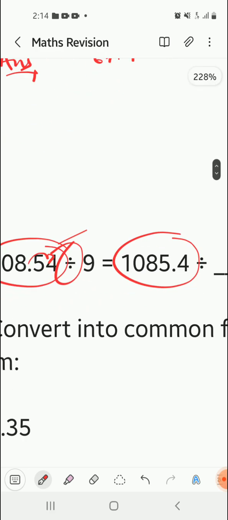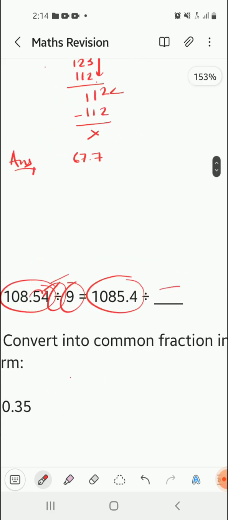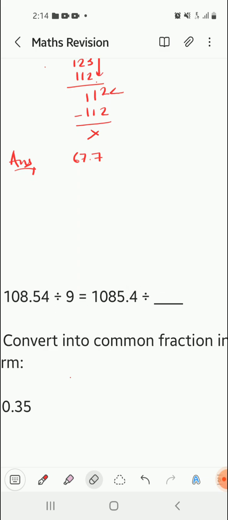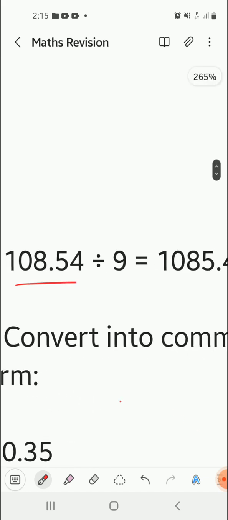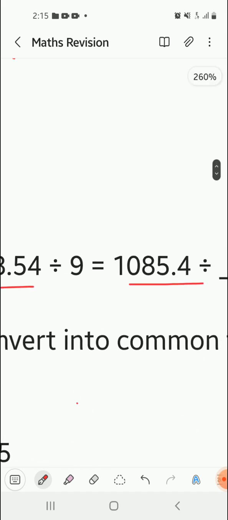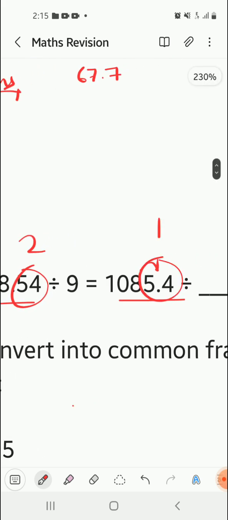It depends upon the number that we have got here. What I mean to say is you have got 108.54 here, and here we have got 1085.4. So there is a difference of one decimal place. Here we have two decimal places, and here we have one decimal place.